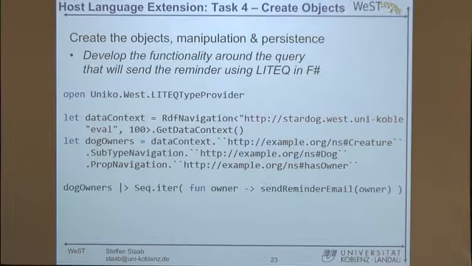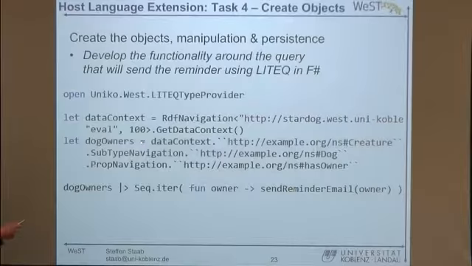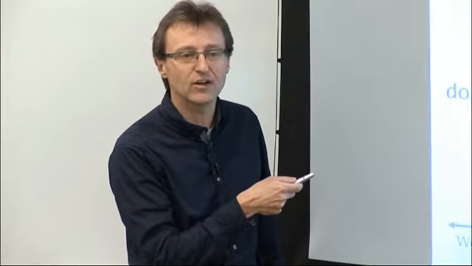And then you can just take these dog owners and iterate over them and, for example, send them the email reminder. So the nice thing here is you directly get this extensional semantics, and in this assignment, you also assign the types to these dog owners. It's not just that you have some arbitrary data objects here.